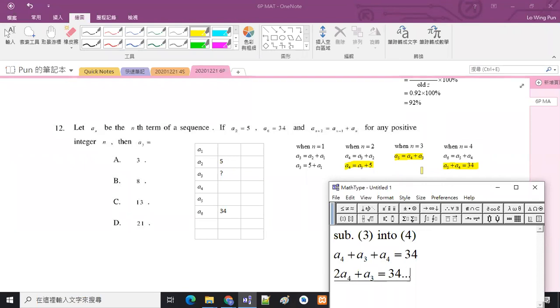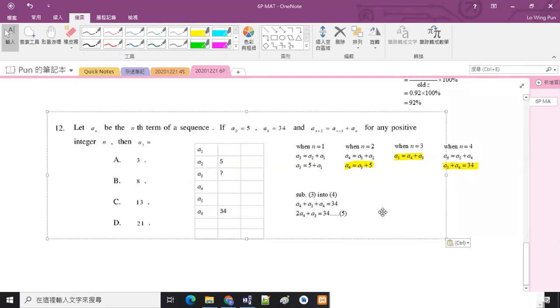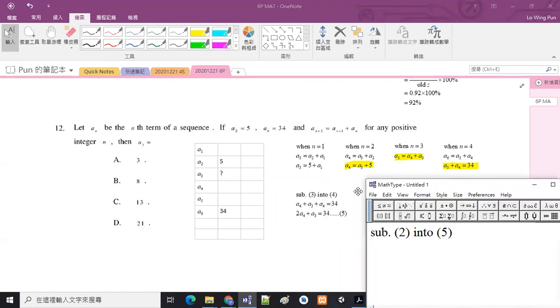Can you get this? So let me call this equation 5. Okay. And then from equation 2, we know that A4 is equal to A3 plus 5, right? And then, so we need to substitute equation 2 into equation 5。咁我哋將呢個 A4 等於 A3 加5，塞埋落嚟呢度，咁成條式就變咗做淨係得翻 A3 呢一個未知數，係嘛？OK, so 2 times A3 plus 5 plus A3 is equal to 34.